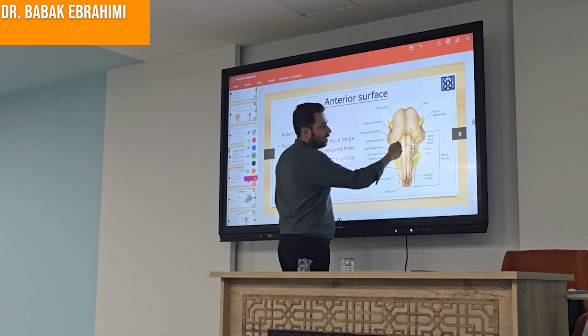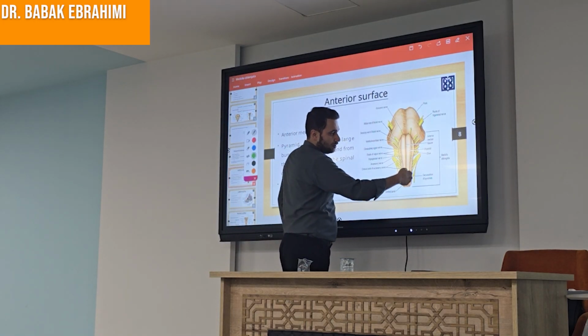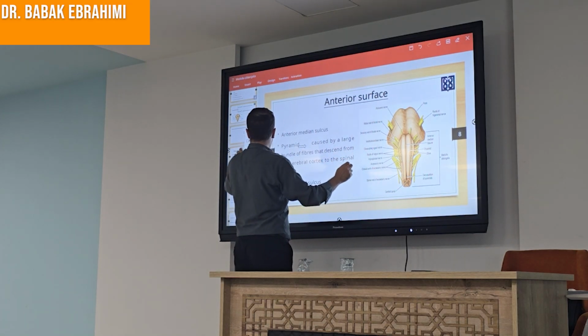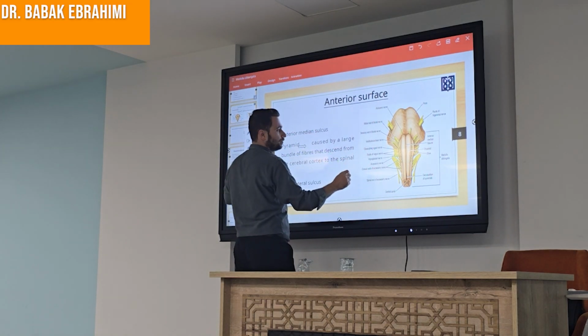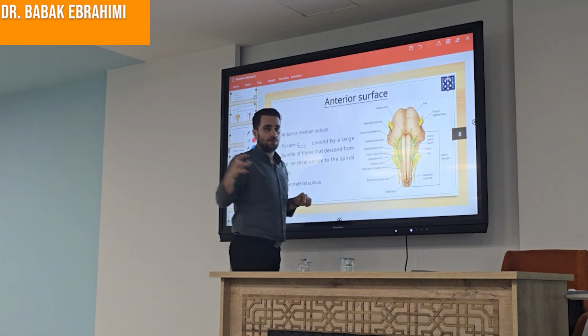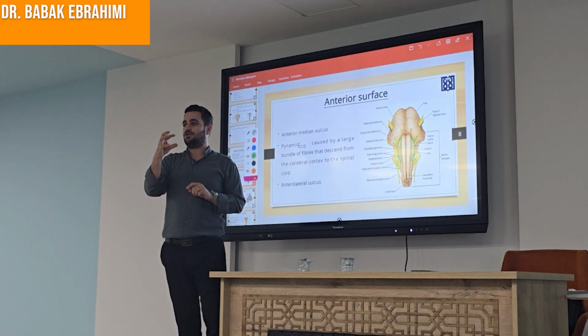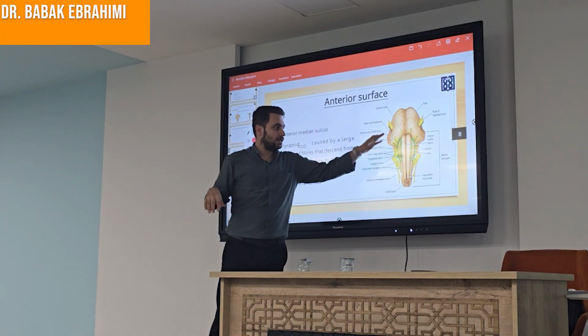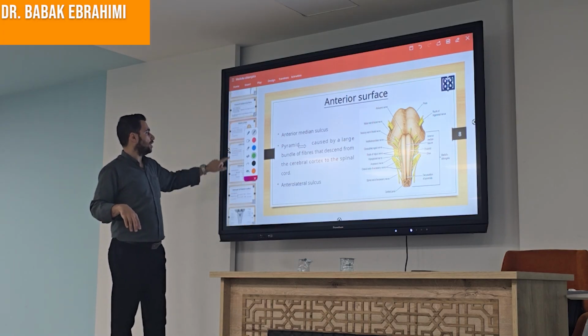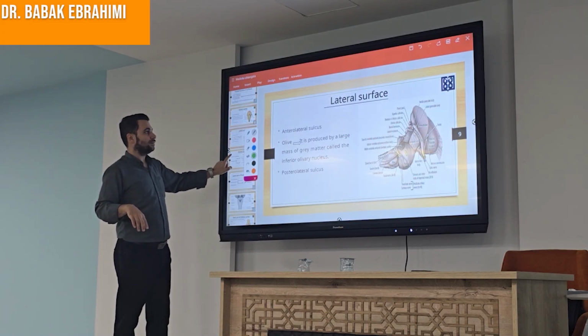Look at here. I told you anterior median fissure, pyramid, anterolateral, and also here we have the olive. But if you want to see the olive better, you must look at the lateral view. It can be seen in the anterior, and more can be seen on the lateral surface.